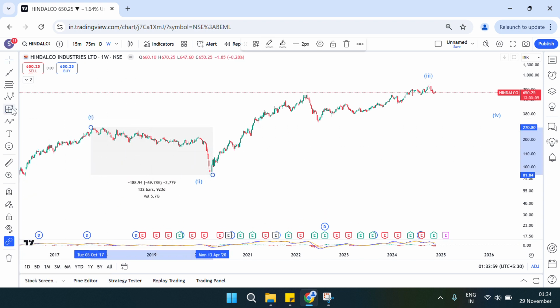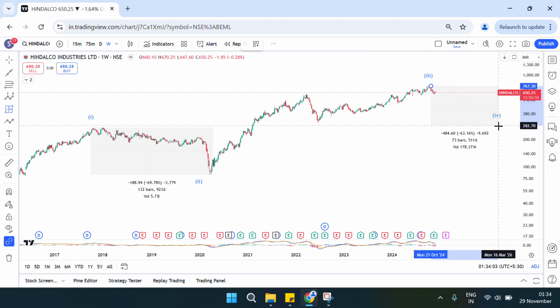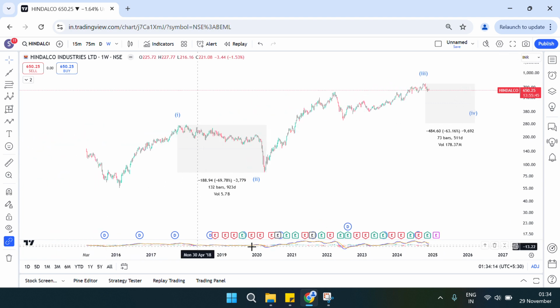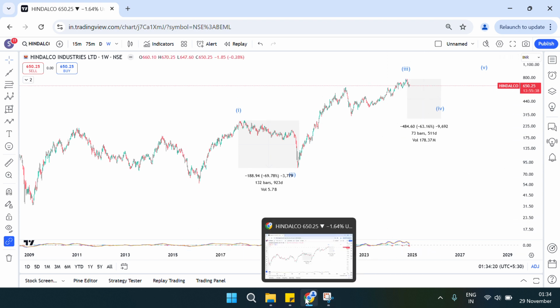So we may expect a fall of about 70%, which will reach the territory of wave 1. This is where we are headed in Hindalco. I'm moving a little faster because this is a repeat of what we have seen so far.